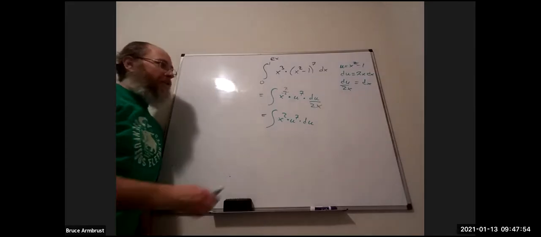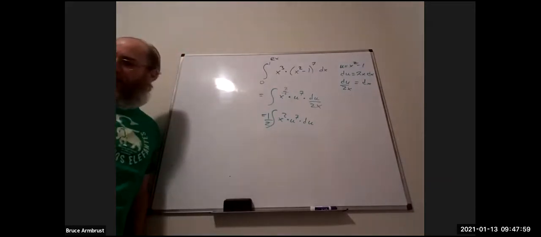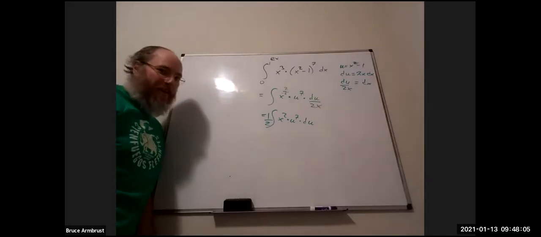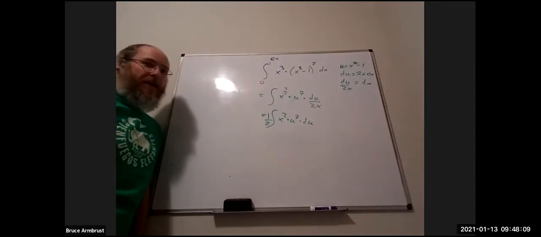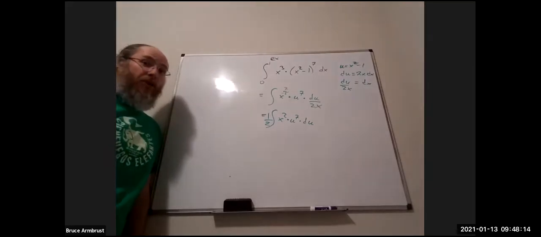Oh, where'd the 2 go? I just forgot it. You guys are awfully picky. But really the issue, other than the fact that I forgot the 2, is that we've got 2 variables still. And that's not okay, right? Remember what we're trying to do is get this only in terms of u.